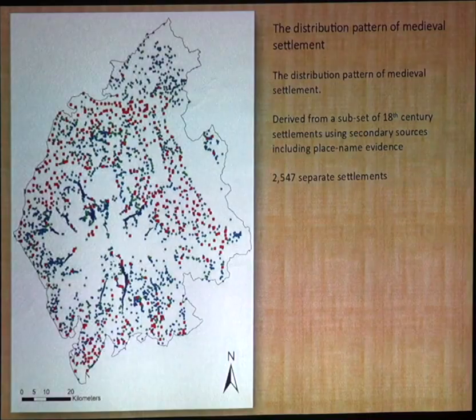And there are obvious gaps in that as well, particularly up on the border in the area I live now, where you've got hamlets and individual farms. Still 2,500 separate settlements, so it's quite a lot. In fact, there were probably more than that, because it doesn't really account for shrinkage that we can't demonstrate was there. Okay, next please.